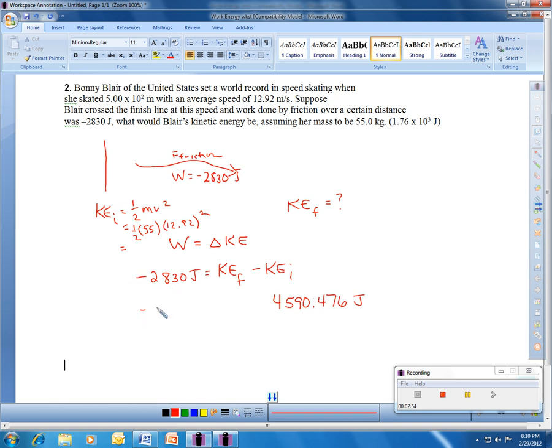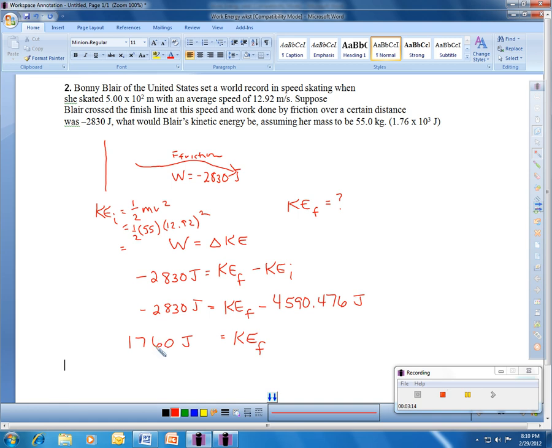I know that the work is negative 2,830 joules, so I can solve for the final kinetic energy by adding this amount to the other side, and my final kinetic energy then will equal 1,760 joules with significant figures.